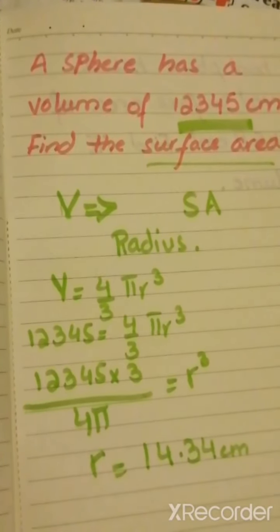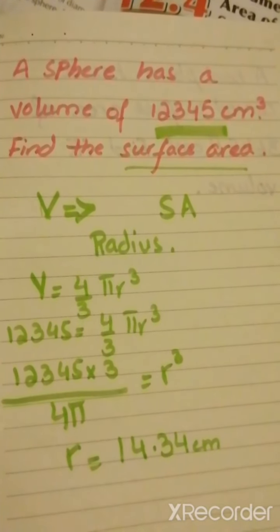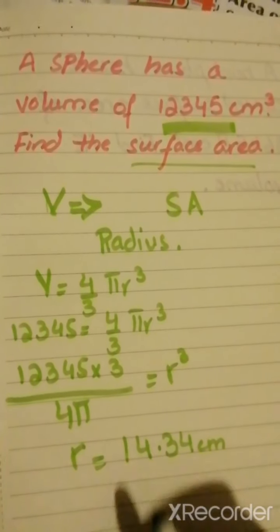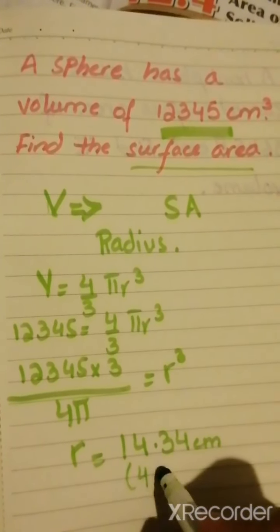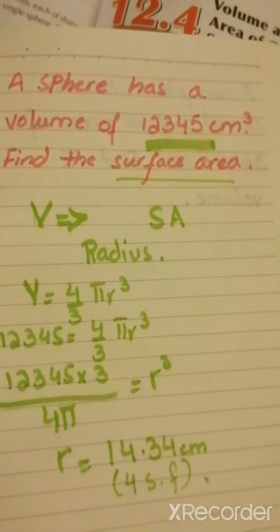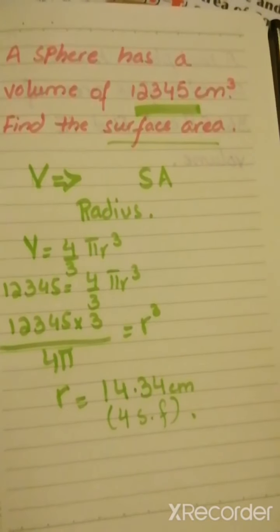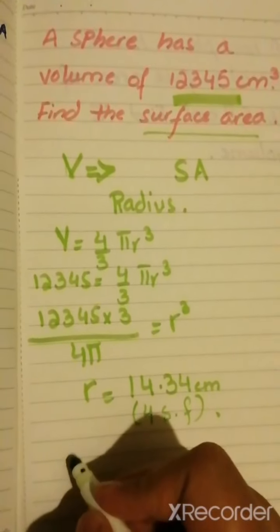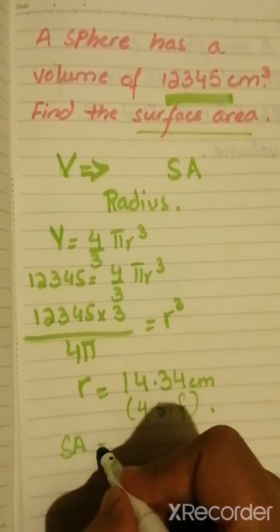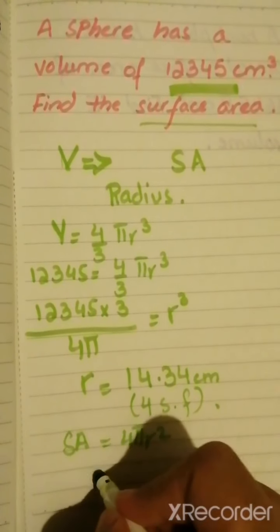We have to take the final answer up to 3 significant figures. Therefore, we take r up to 4 significant figures, 1 extra. Right? So let's come to the calculation of the surface area. We all know that the surface area is going to be 4 pi r square, right?